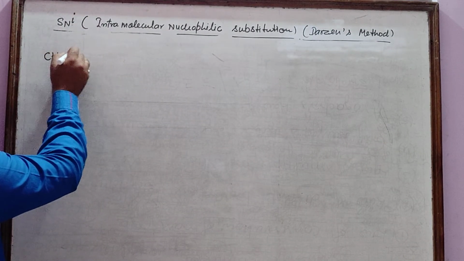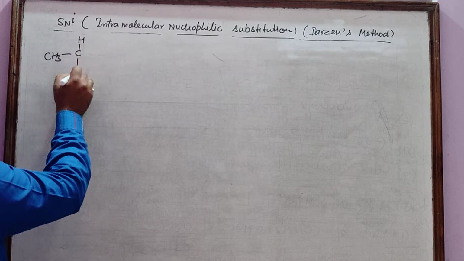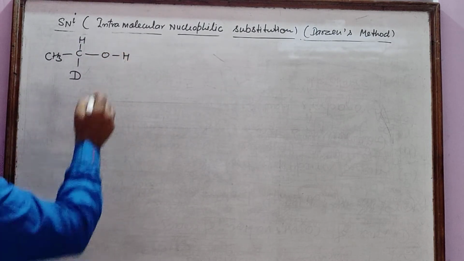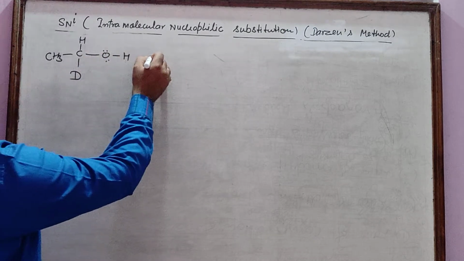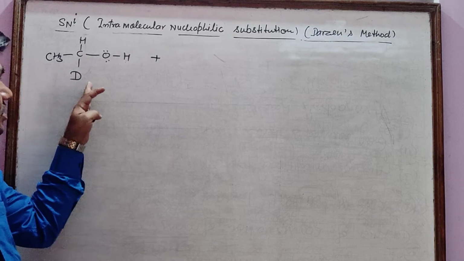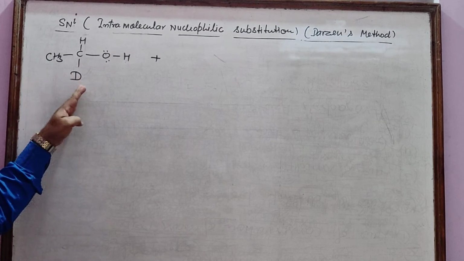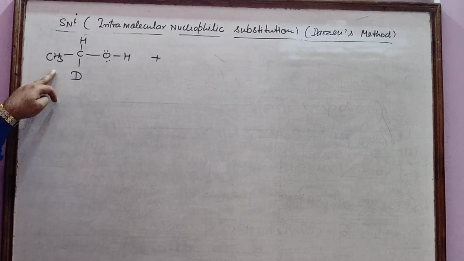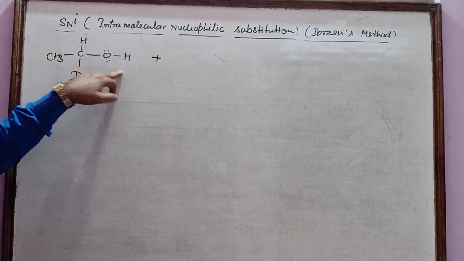Like CH3, hydrogen, and this is deuterium, and this is an alcohol, right? If you want to understand the stereochemistry of this reaction, we are taking an example as CH3, H, D and OH.